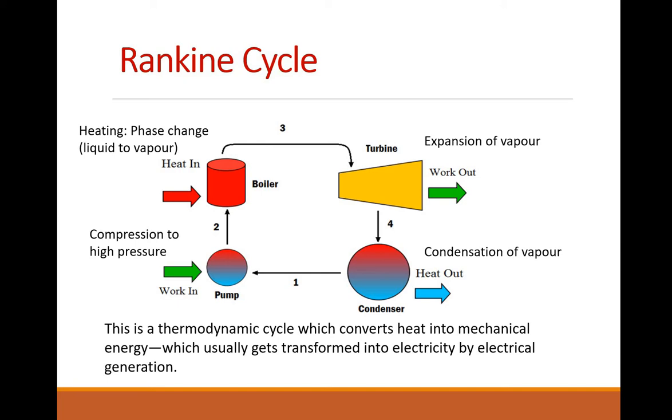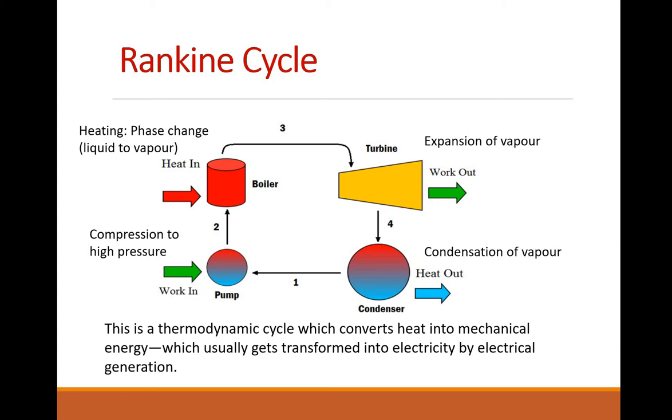Here we are focusing mainly on the theoretical approach of these thermodynamic cycles, how they basically work. The Rankine cycle is the basic cycle which is used in most thermal power plants. It's a thermodynamic cycle that converts heat into mechanical energy, which usually gets transformed into electricity by an electrical generator.